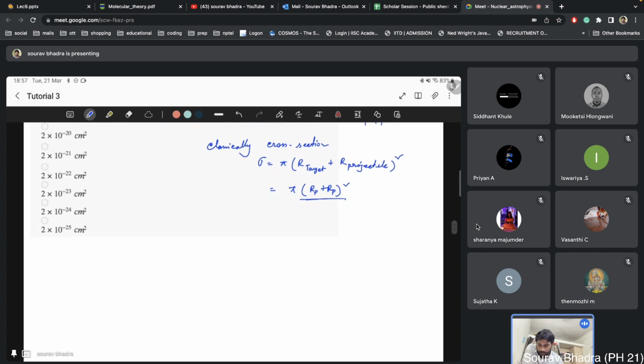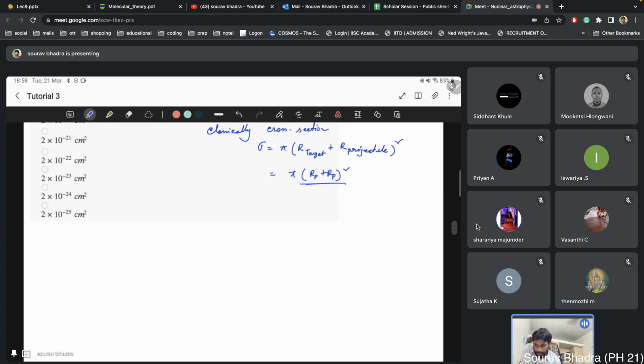This will come from the relation of r, the radius of a nucleus, with A, the mass number. So this is a nucleus with Z protons and N neutrons, so Z plus N, that is protons plus neutrons, is A, and the radius of this nucleus is r.